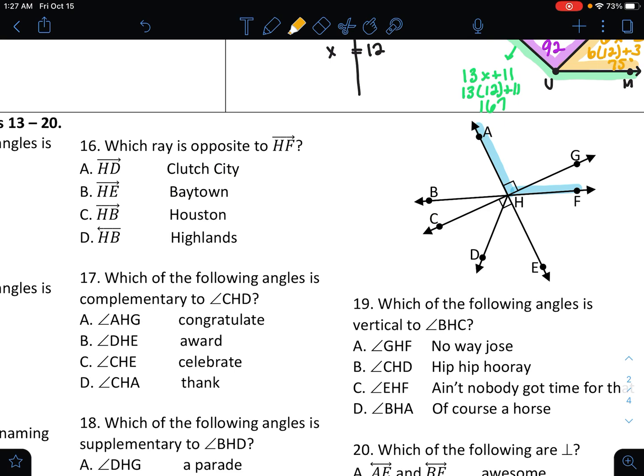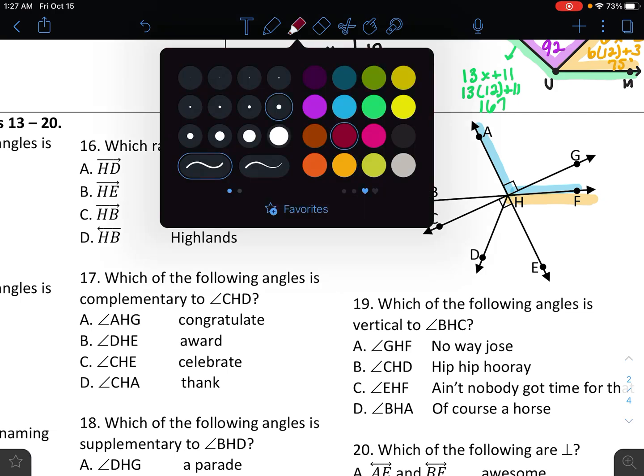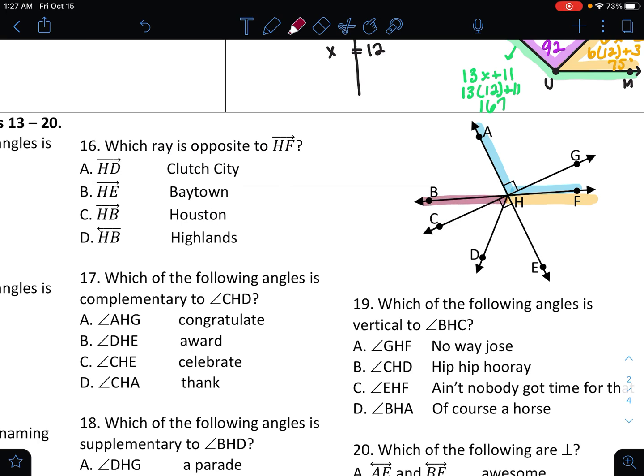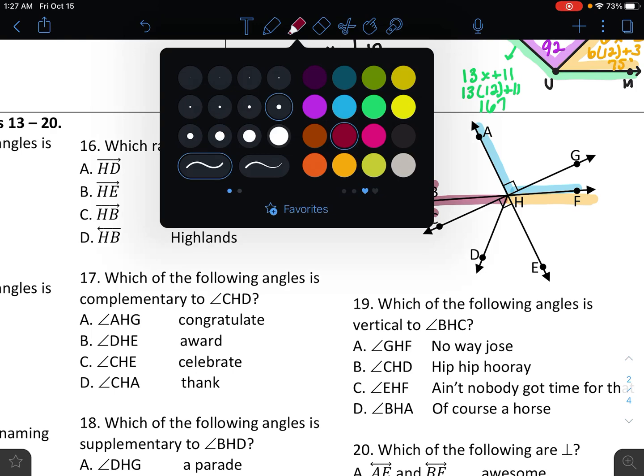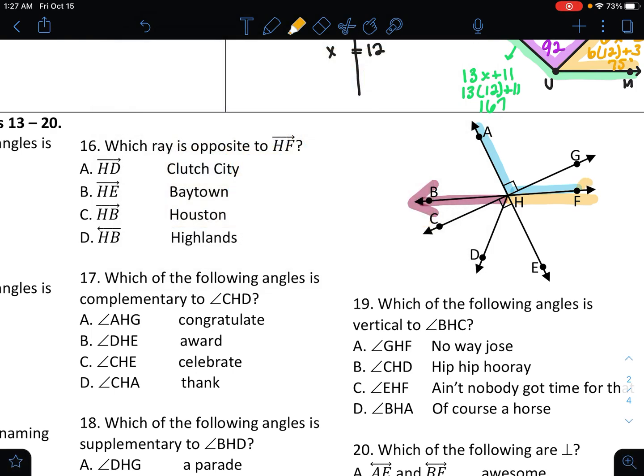All right, so HF is right there, and the opposite ray is going to be, I'll use a different color so you can see, on this side. That reddish color is a ray, and that yellow color is a ray. They're opposite of each other because they're pointing in exactly the opposite direction. So that's going to be HB.